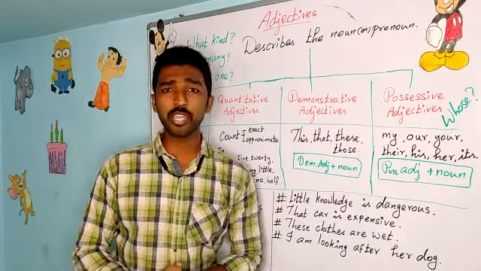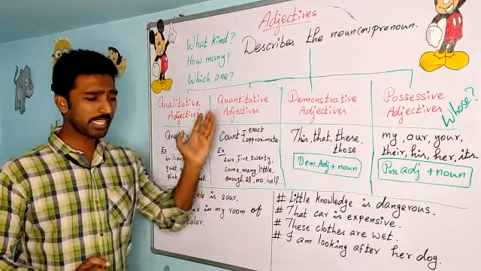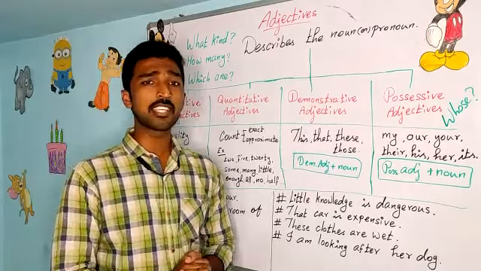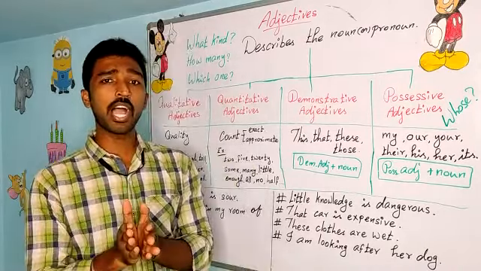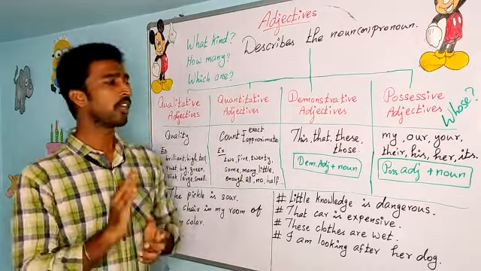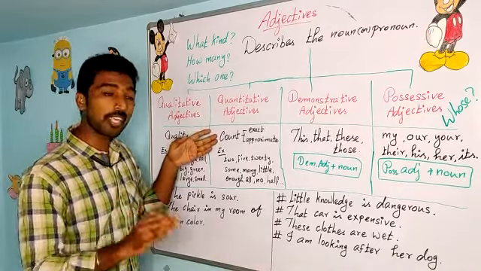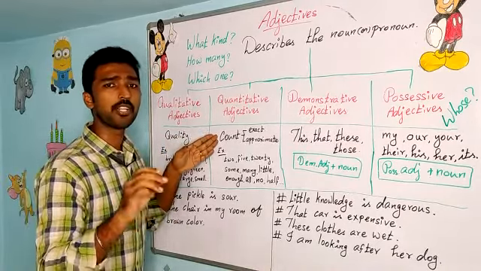And the second kind we have in our list is quantitative adjectives. Quantitative. The word itself reveals the answer: quantity, which means count. Quantitative adjectives reveal the count of the noun or pronoun. The count may be an exact count: 20, 30, 5, 6.